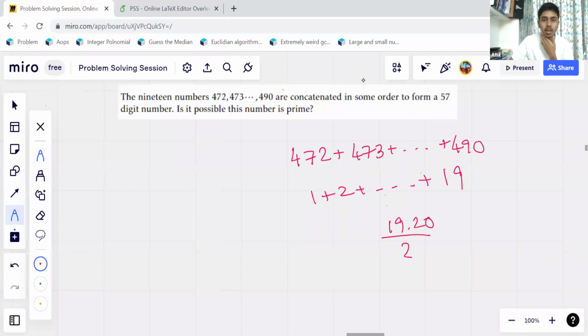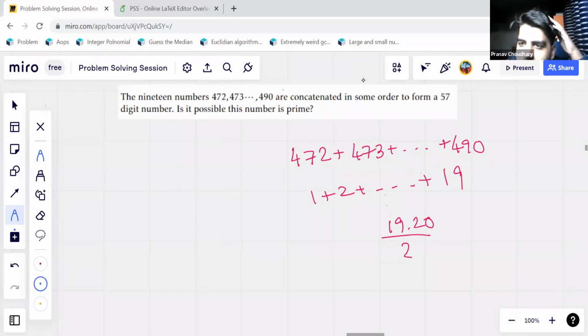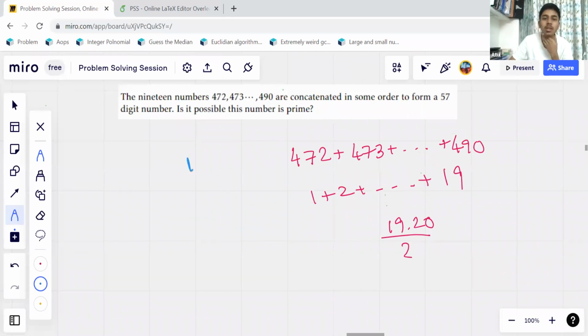Okay, so what else can divide? Probably 7 or 13, because they have this property, like alternate 3-digit things. 1001 is 7 into 11 into 13. So if you let these be x1, x2, you're going to get some alternating thing.